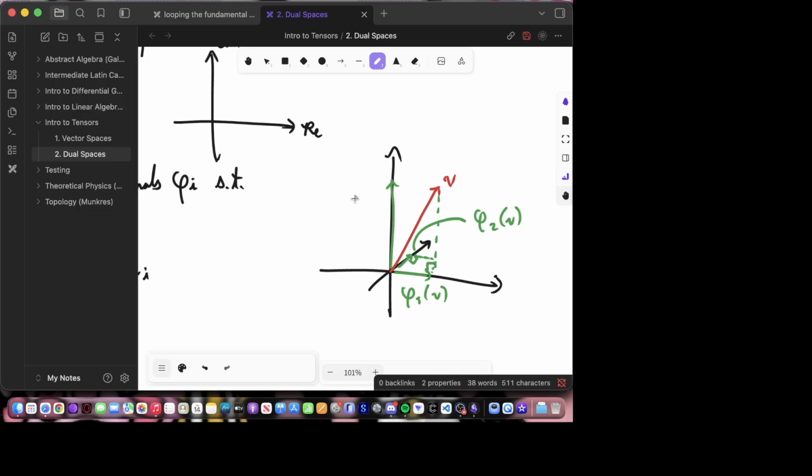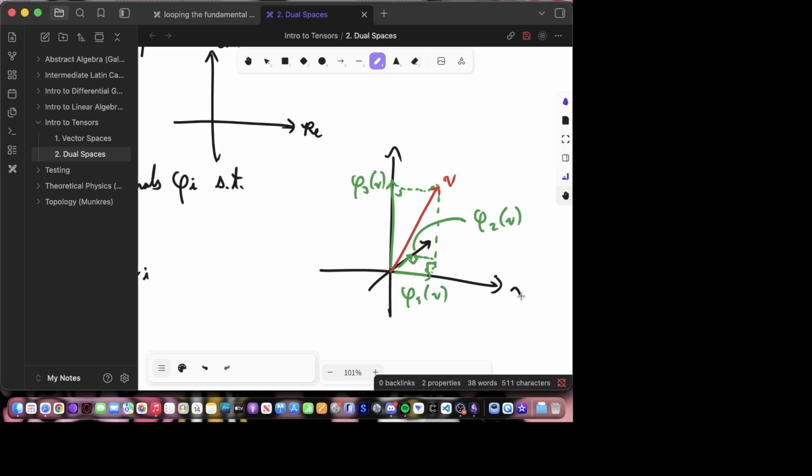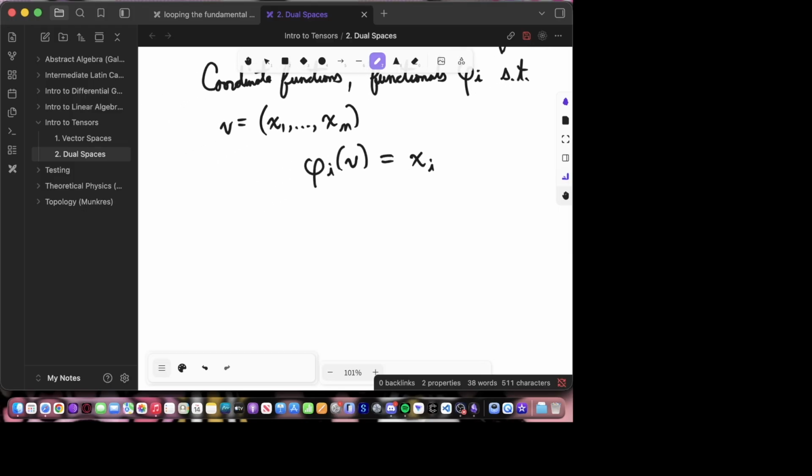And this one over here could be phi3 of v. As you can see, these coordinate functions are essentially taking the vector and mapping it to its coordinates, like x1, x2, or something like that.